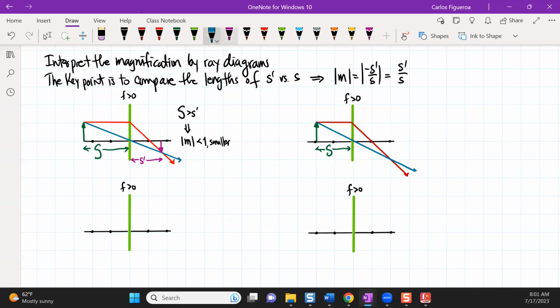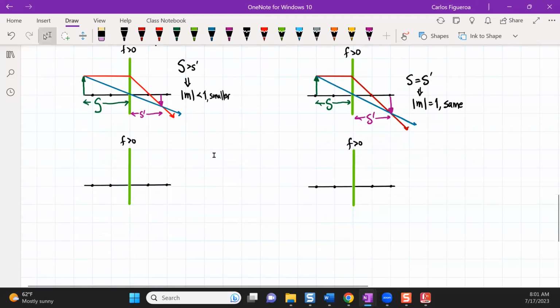You could see where these rays cross, this distance S prime and S are the exact same length. So in this case, because these are the same, the magnification is 1, so therefore they're the same size. By looking at the values of S and S prime, it tells you that.